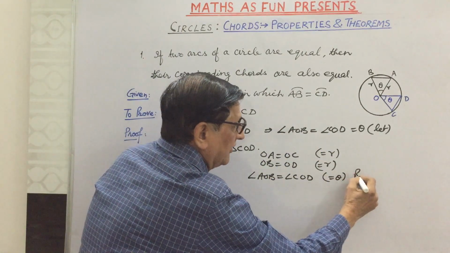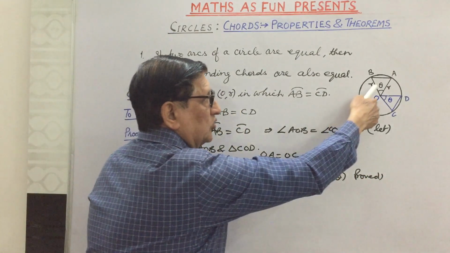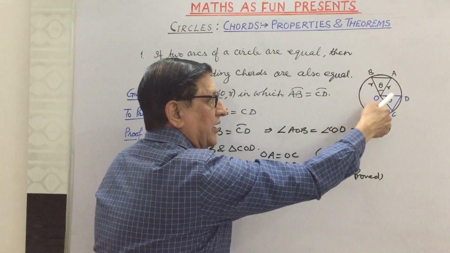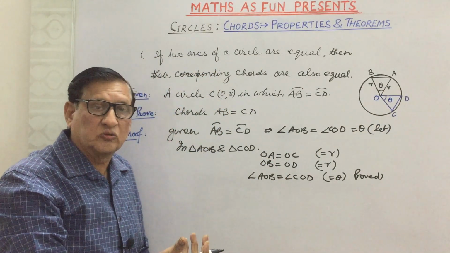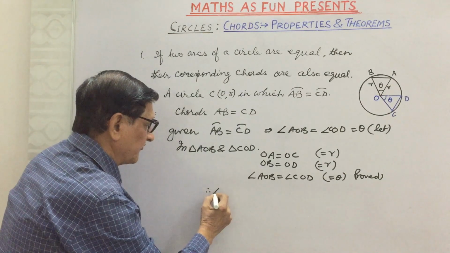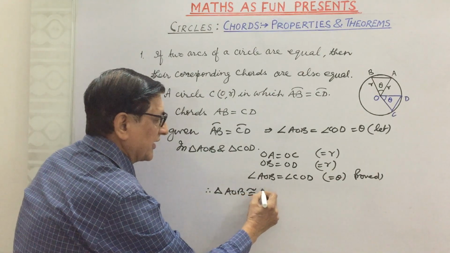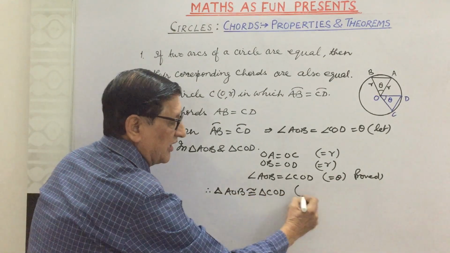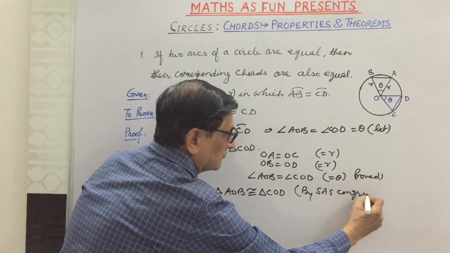Each is theta and we can write proved. What we find? Two sides are equal and their included angles are equal. It means by SAS congruence property they are congruent. So we can write therefore triangle AOB is congruent to triangle COD. By what? By SAS congruence.